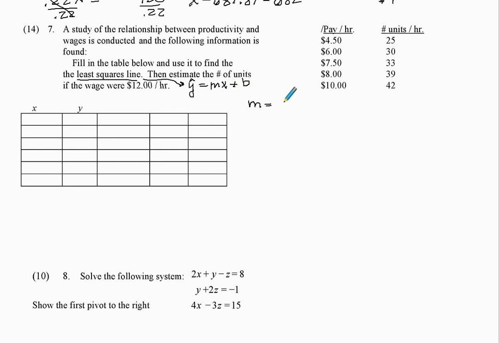And your m is n, which is the number of data points, times the sum of x times y, so the x value times the y value, minus the sum of x times the sum of the y's, and then that is divided by n times the sum of x squared minus the sum of the x's quantity squared.